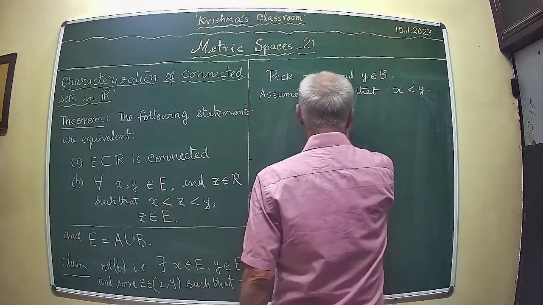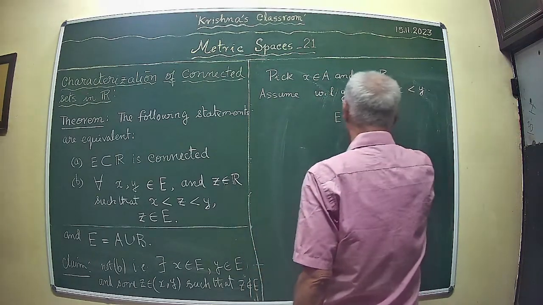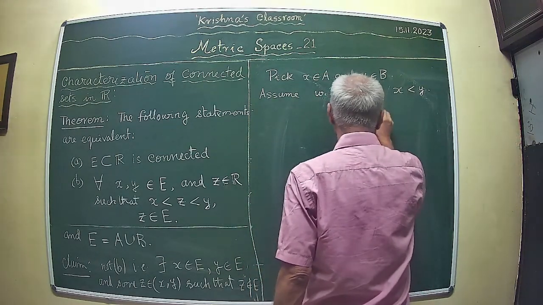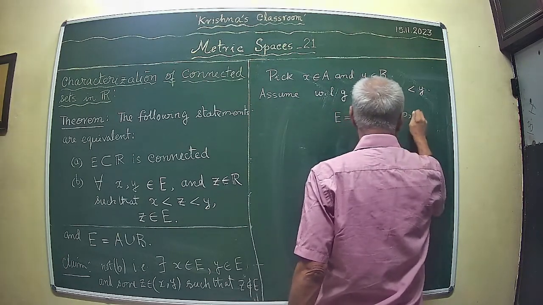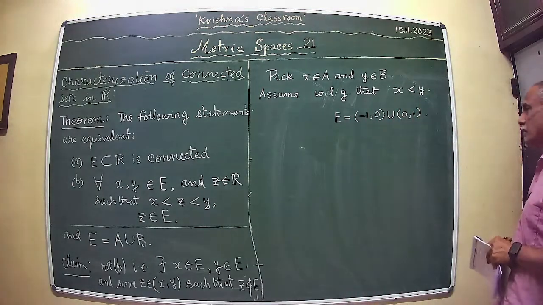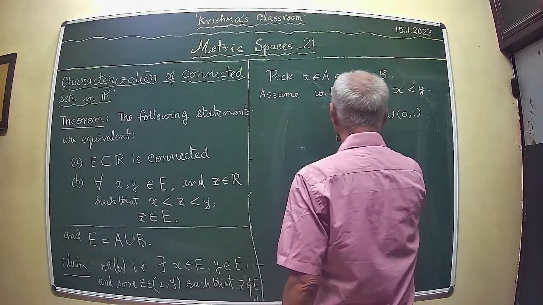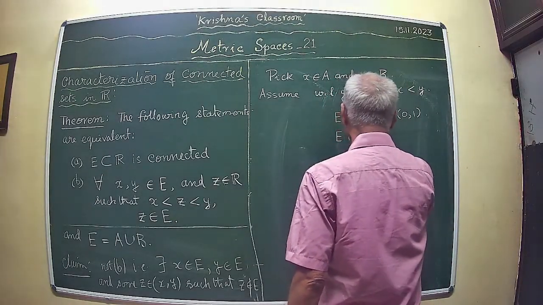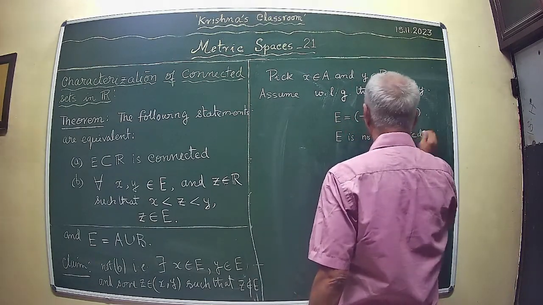So what we do is we take some hint from here. Okay, suppose you take E equal to say (-1, 0) union (0, 1). Okay. We know that E is not connected. Why?